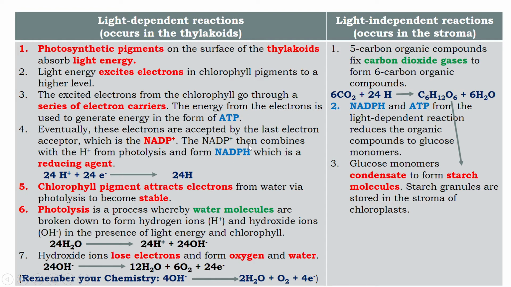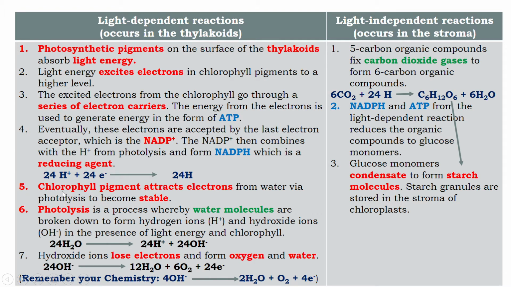Now it has become a hydrogen carrier. Okay, now NADPH is a reducing agent. These two that I have marked in blue, very important. They are the products from the light-dependent reaction that will enter the light-independent reaction. Okay, so we have here these products.